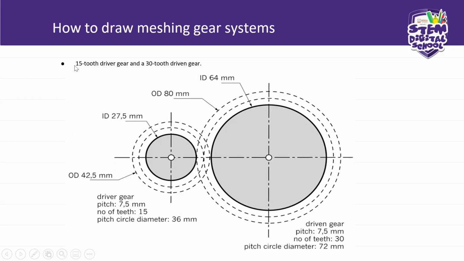Now, you have the 15-tooth driver gear and a 30-tooth driven gear, all right? So what is interesting here, these three radiuses, they interlock.